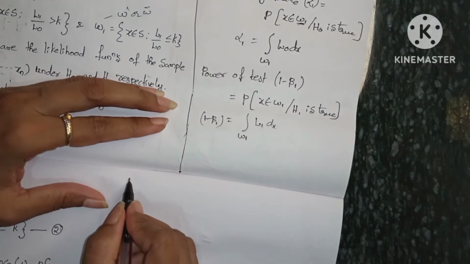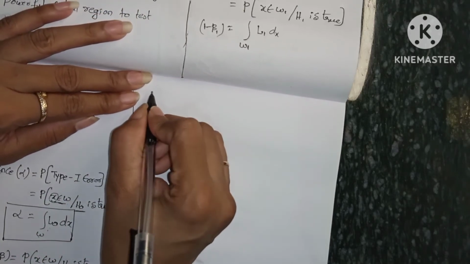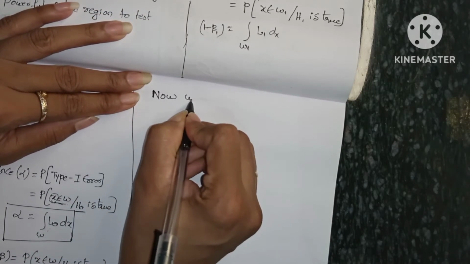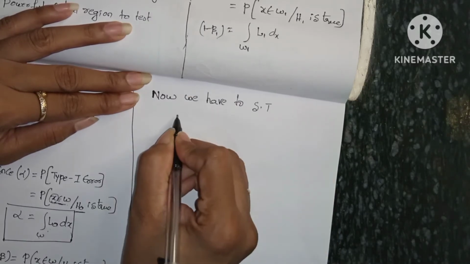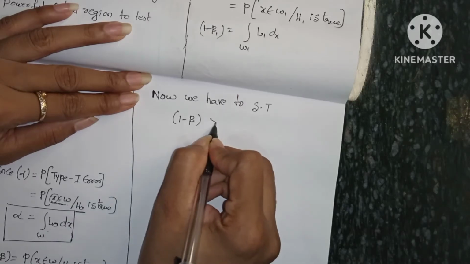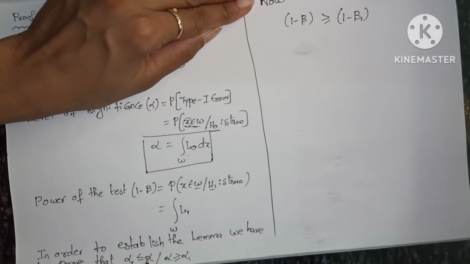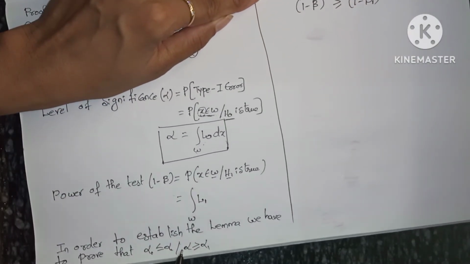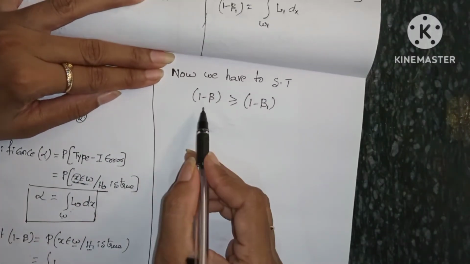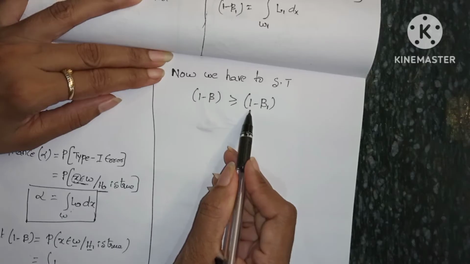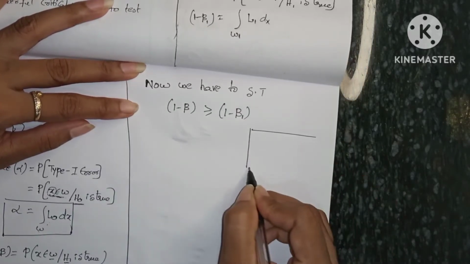Now we have to show that 1 minus beta is greater than or equal to 1 minus beta 1. We have taken alpha 1 less than or equal to alpha, or else alpha greater than or equal to alpha 1. Similarly, we have to show 1 minus beta is greater than or equal to 1 minus beta 1. For that we consider a Venn diagram.